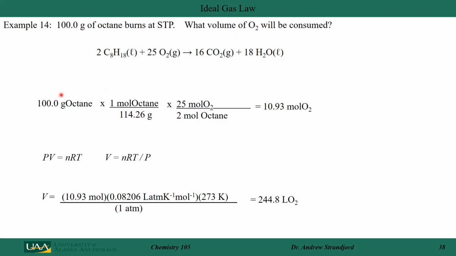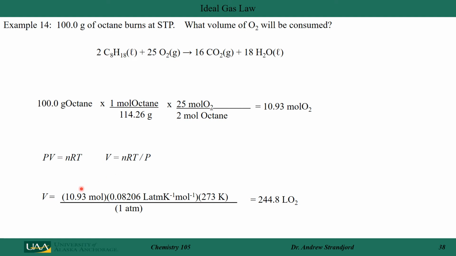So I have 100 grams of octane divided by the molecular weight of octane, and then I can convert my moles of octane into moles of O2 using this relationship directly off of my reaction equation. I get 10.93 moles of oxygen. Under standard temperature and pressure, I can directly go to the ideal gas law and solve for volume. So I rearrange it slightly to solve for volume.